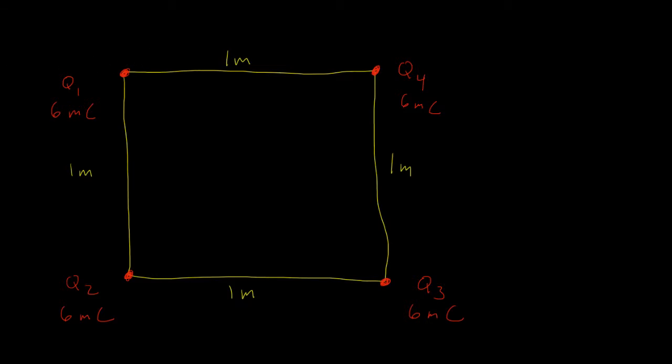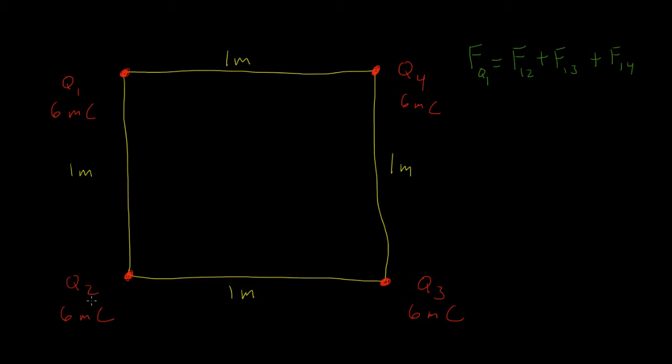The total force on Q1 is going to be equal to the force between 1 and 2 plus the force between 1 and 3 plus the force between 1 and 4. Same kind of setup that we did before, just this time we have to be careful of the angles. So let's go ahead and look at the angles real quick.